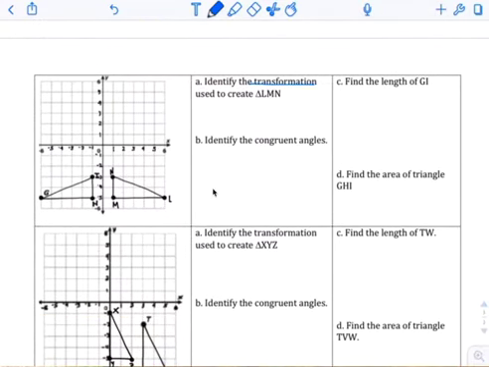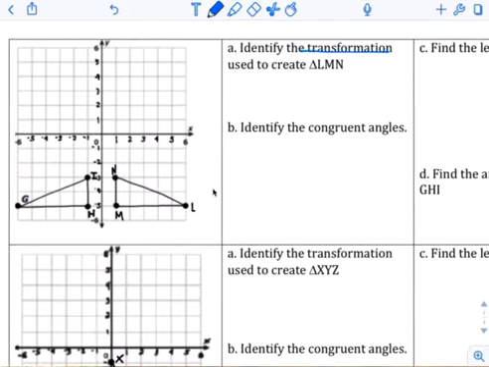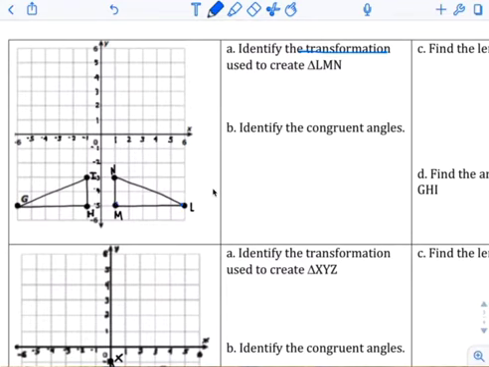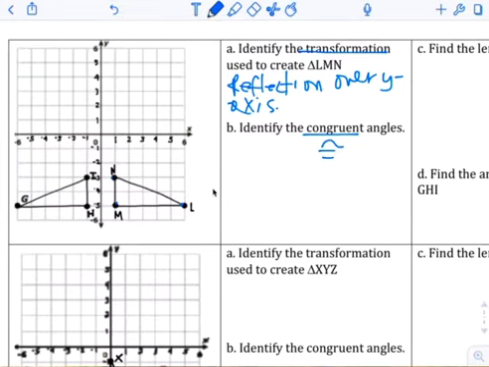Identify the transformation to create L, M, N, its image, so this is a reflection over the y-axis. Identify the congruent angles, angle sign.